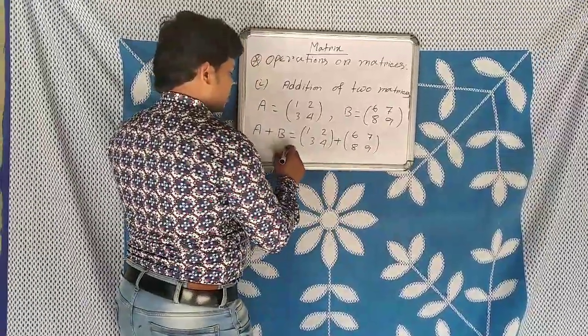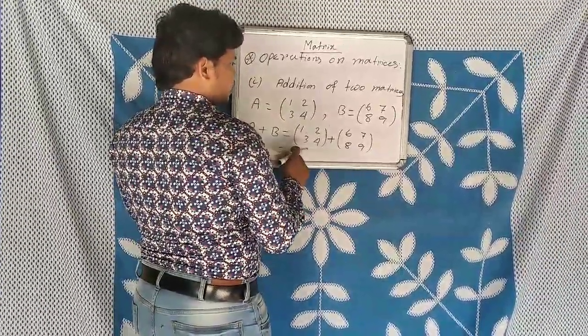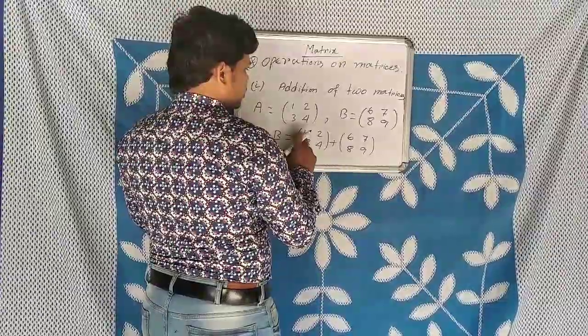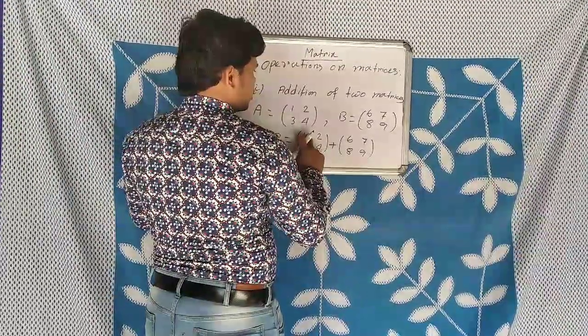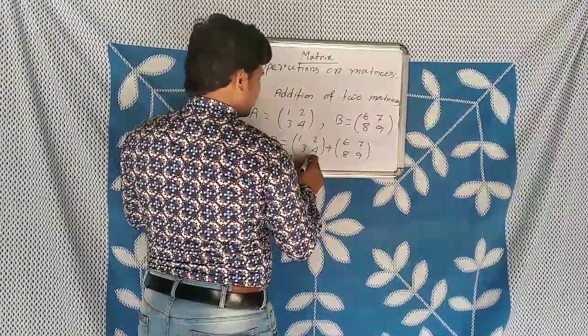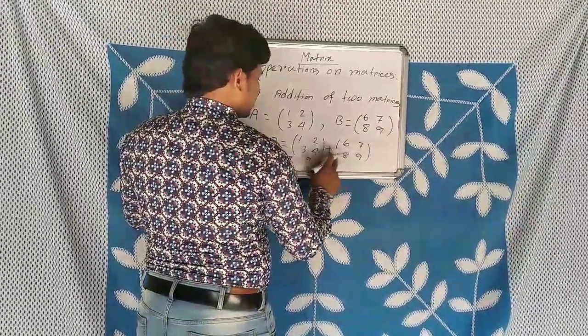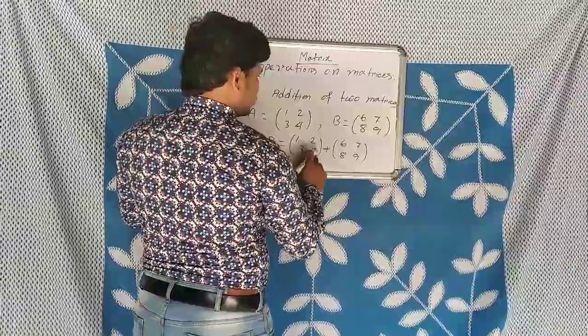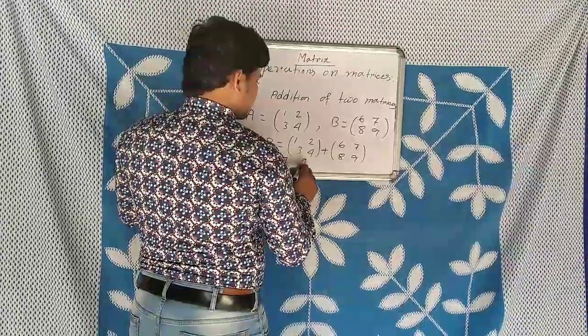Just add the elements of corresponding positions. 1 plus 6 is 7, 2 plus 7 is 9, 3 plus 8 is 11, 4 plus 9 is 13.